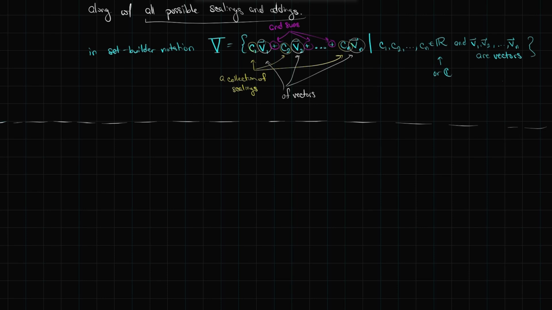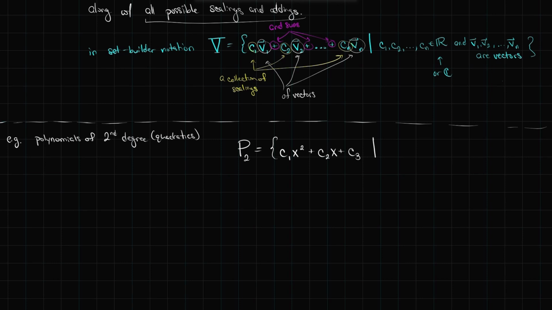So let's just look really quick at an example: the polynomials of second degree, also known as quadratics. This is like your quadratic equations. We call these P2, sometimes P2 of R if we want to give them real coefficients, but I'm just going to call this set P2 for second degree polynomials. Using set builder notation, what we have is C1 x squared plus C2 x plus C3.